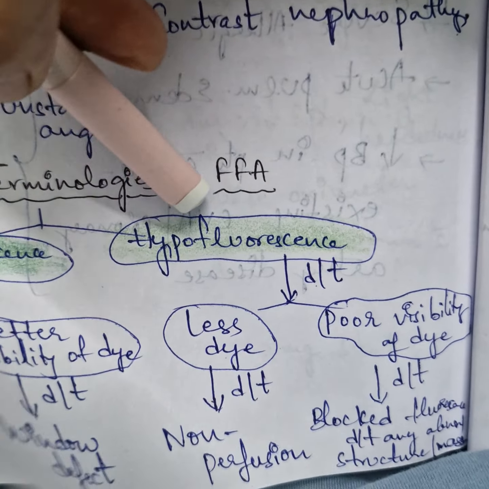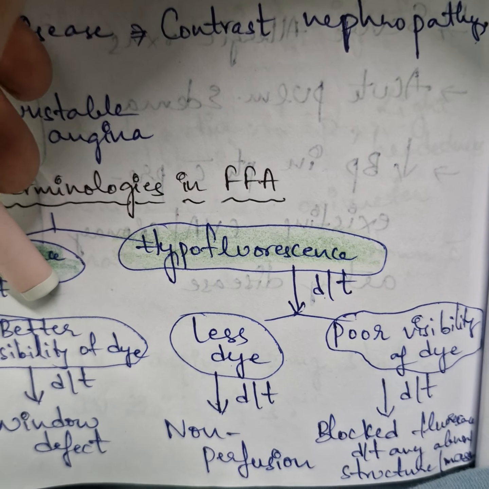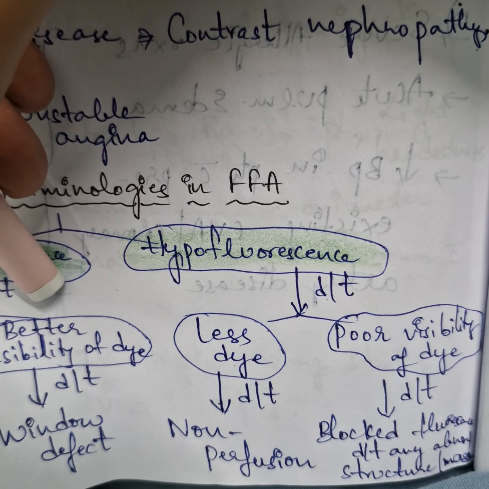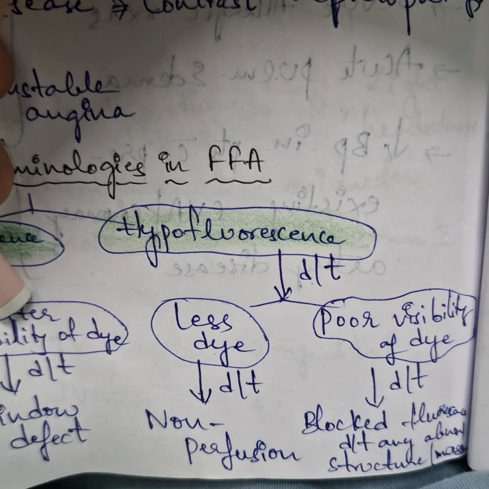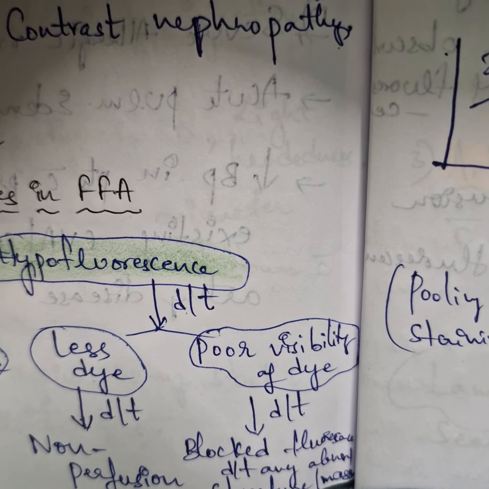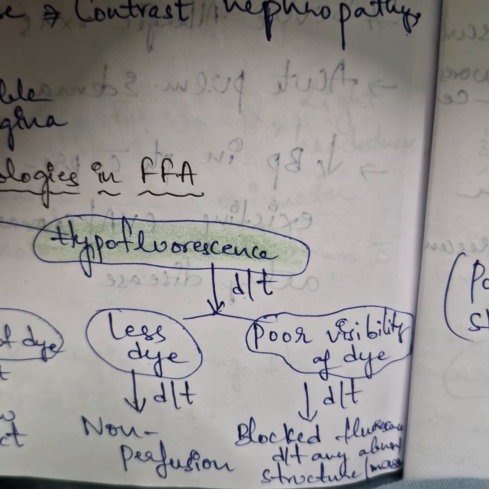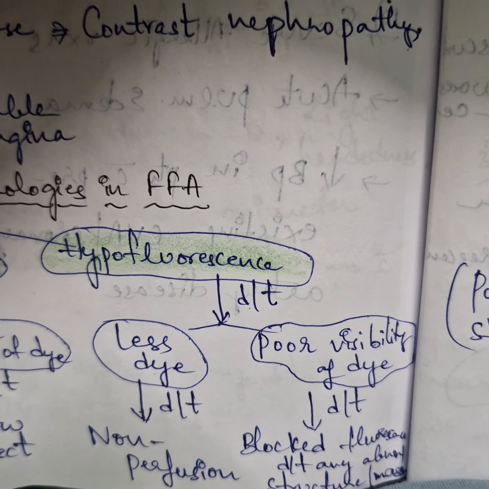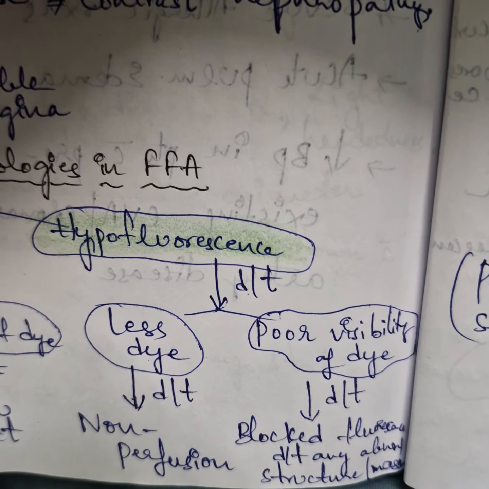Similarly, conditions can cause hypofluorescence, which may be due to an actual lesser quantity of dye, that is due to non-perfusion, or the dye can be in normal amounts but there is poor visibility of the dye.